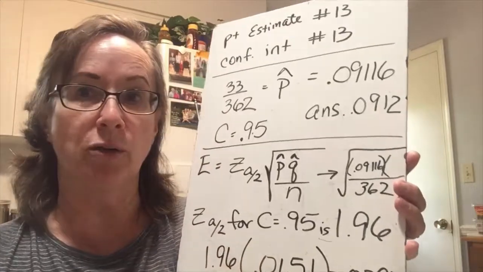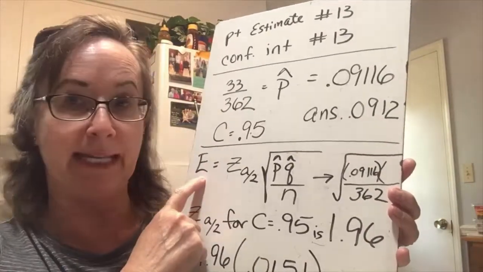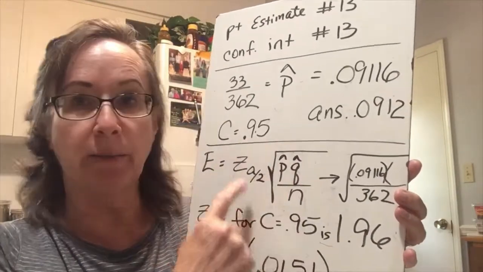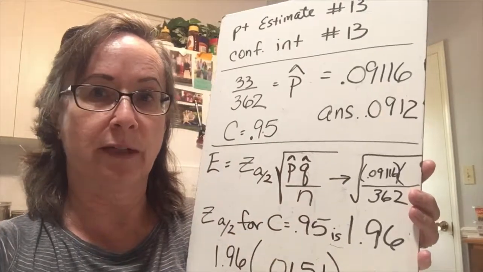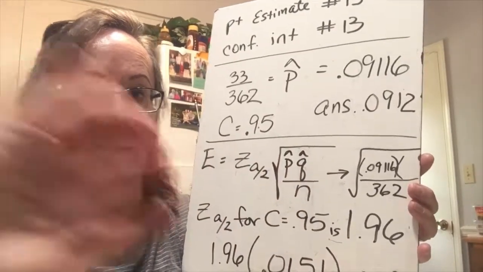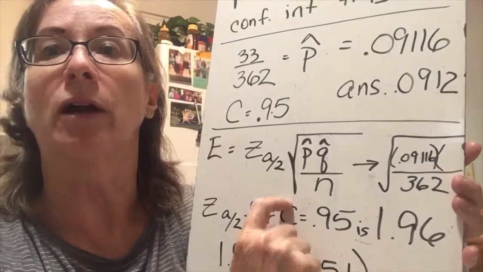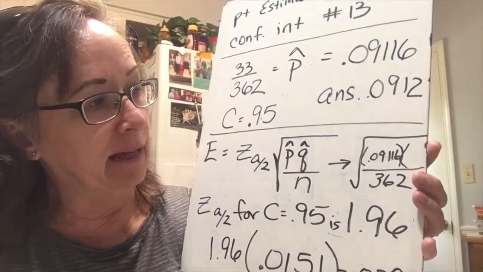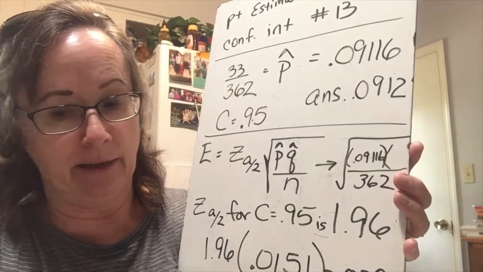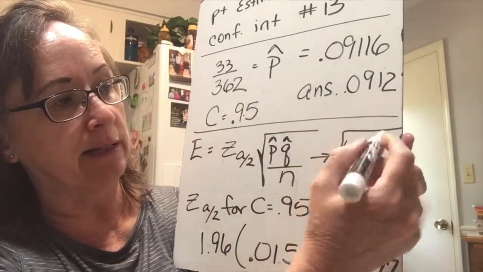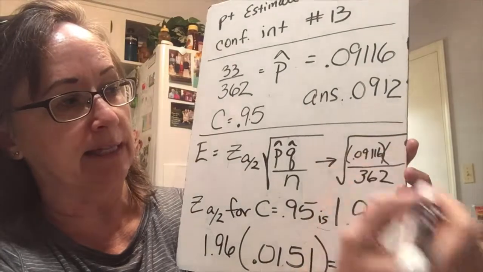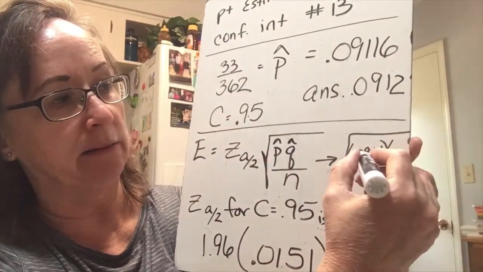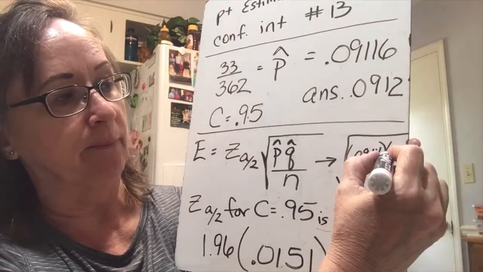Then we go to our margin of error, which is our E. Here is the formula for our E. I plugged in, and it looks like I forgot to plug something in here. This over here is going to be 1 minus this, which is going to be 0.90 something.